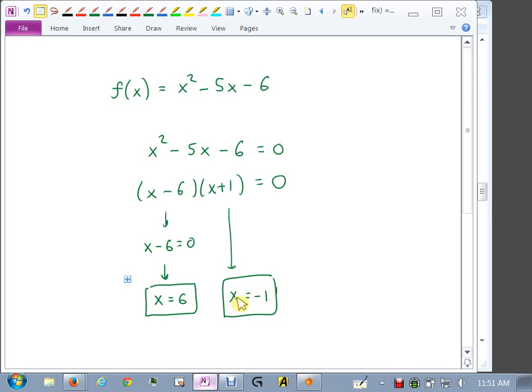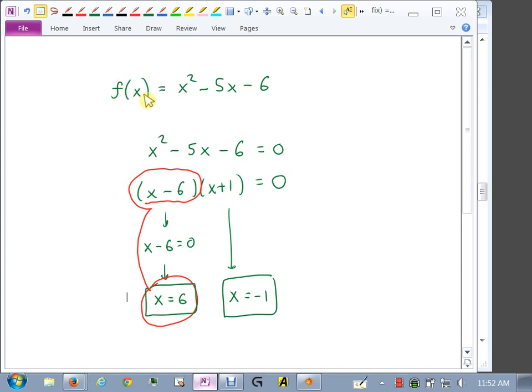Yes? Here's the important thing that's different that I want you to also think about here. If I tell you that 6 is an x-intercept, doesn't that guarantee you that x minus 6 must be a factor of the function?